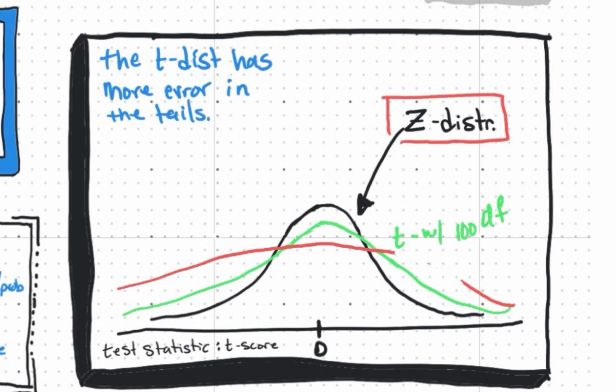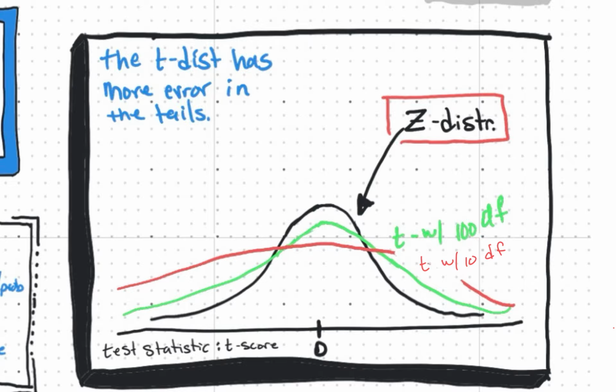So let's say the red curve, I need to write that back in, I erased it. Here, this is your t curve with 10 degrees of freedom, right? So you have a very wide curve with a small sample size, lots of error built into the tails. So if I find a probability, I'd have a pretty high probability in that case.